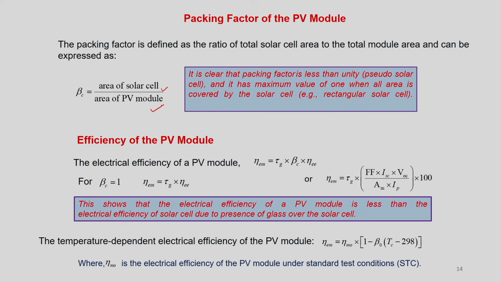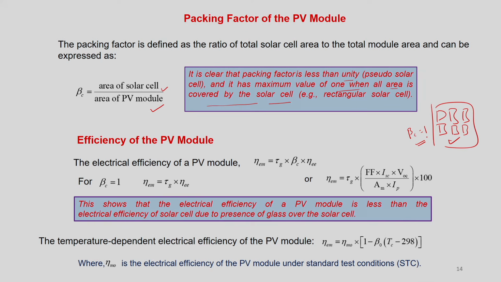So, it is clear that the packing factor is less than unity, and it has a maximum value of 1 when all the area is covered by the cells. So, if all the area of the module is covered by cells, then its packing factor will be 1.